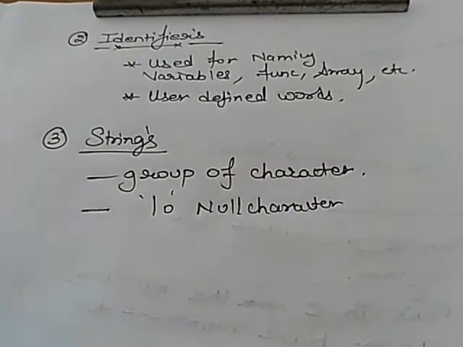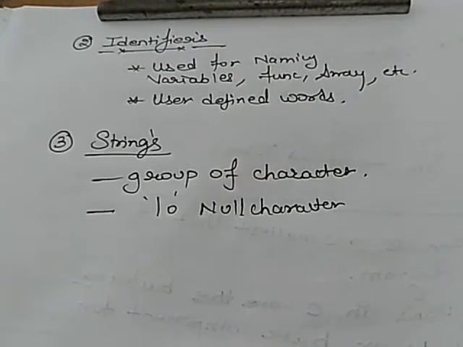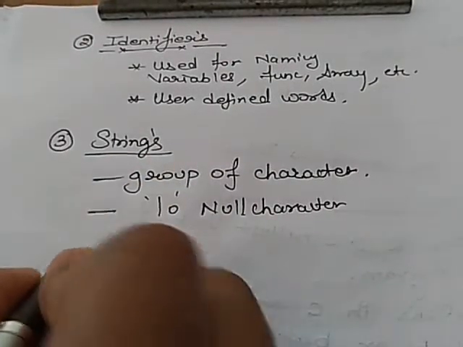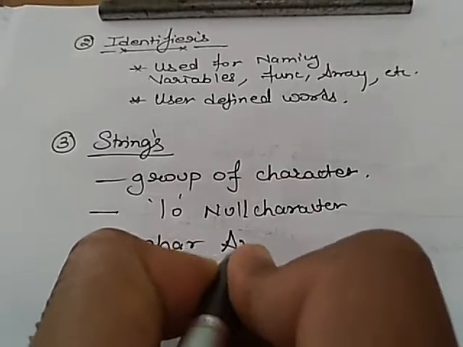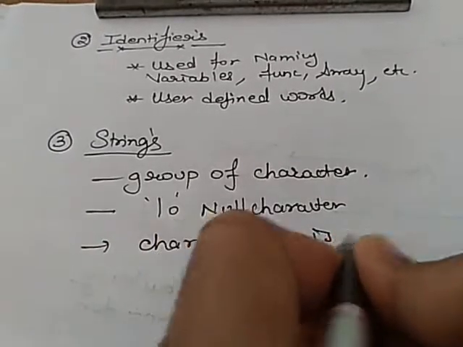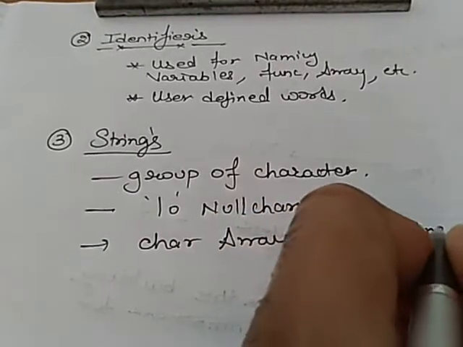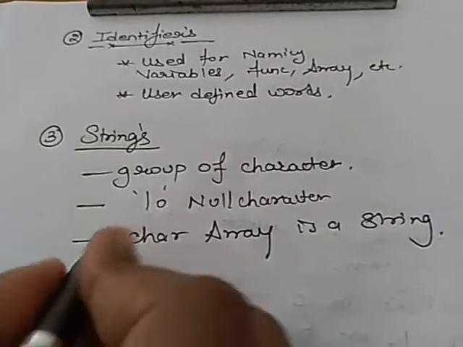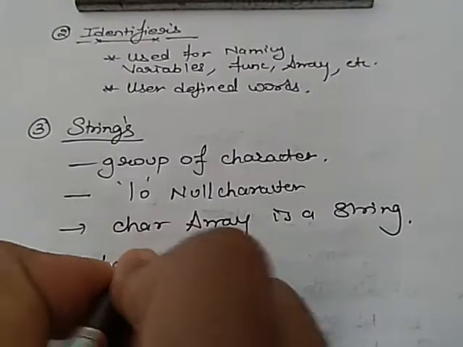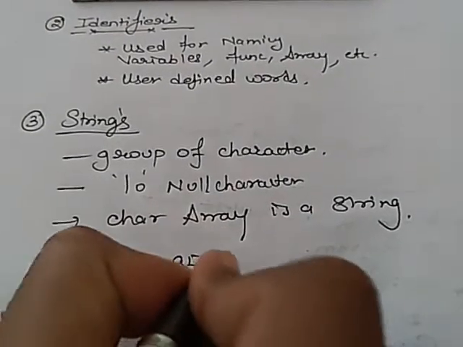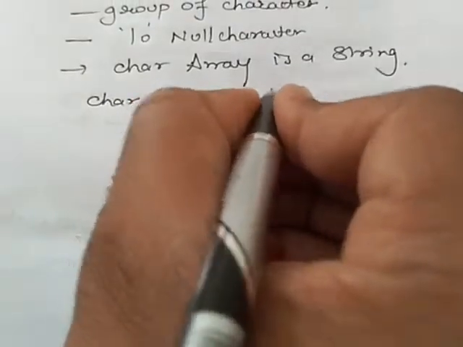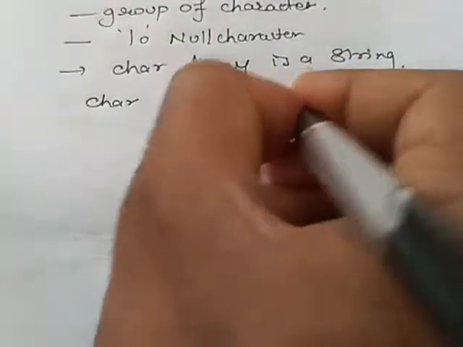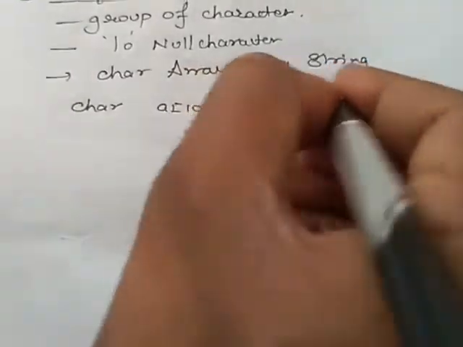In C language, we can say that a character array is a string. For example, we have taken a character array of 10, so we can initialize it with the word learning.